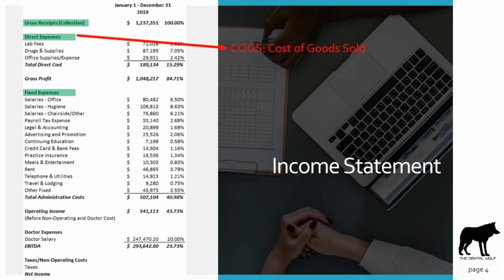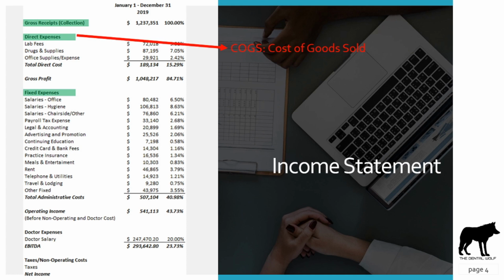On the other hand, fixed expenses are things that don't change. Regardless of the amount of dentistry that you produce, these expenses will always be there. That's things like rent, utilities, staff salaries. If you're paying your staff on an hourly wage, you could argue that those are direct expenses, but if they're salaried, or in other words, they get a guaranteed pay, I would put those as a fixed expense.